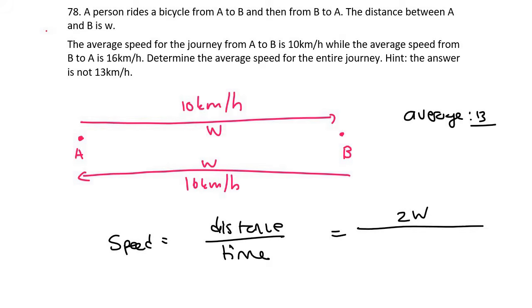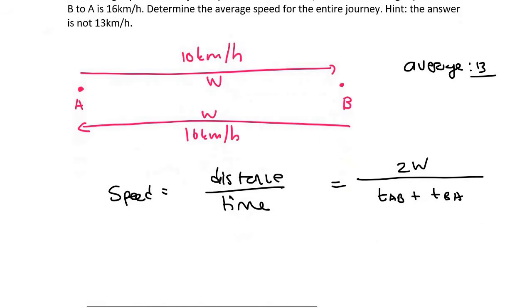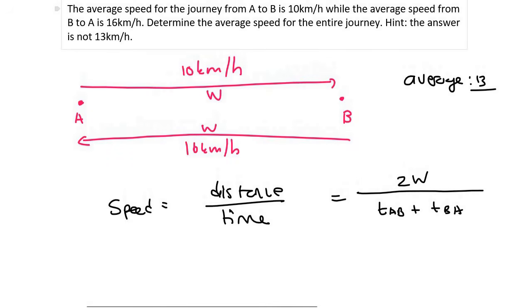Now, for the time to go from A to B, we need to be careful. I'm just going to say time from A to B plus the time from B to A, because that's your total time. But now we need to look carefully at how to calculate the time from A to B. Time is equal to distance over speed.